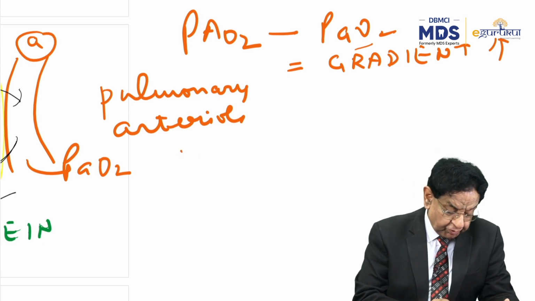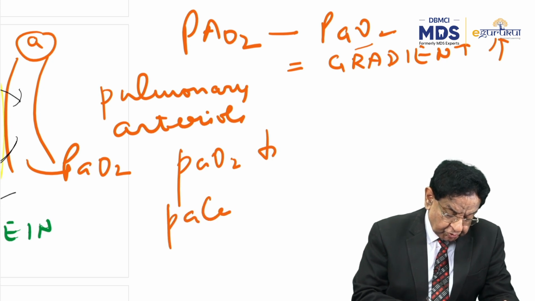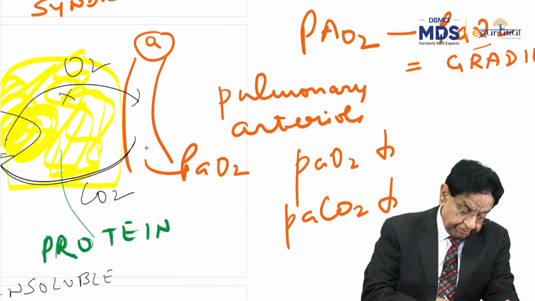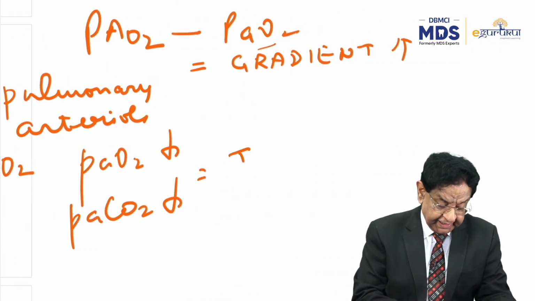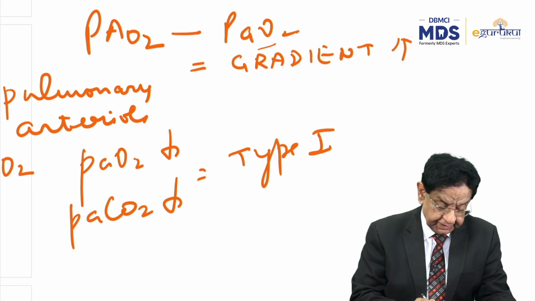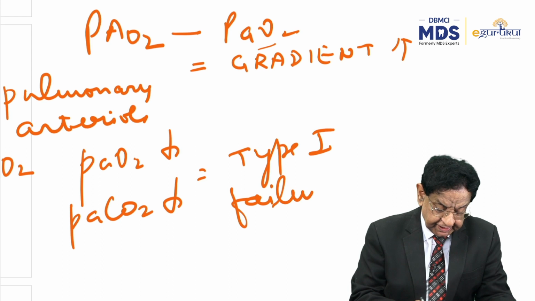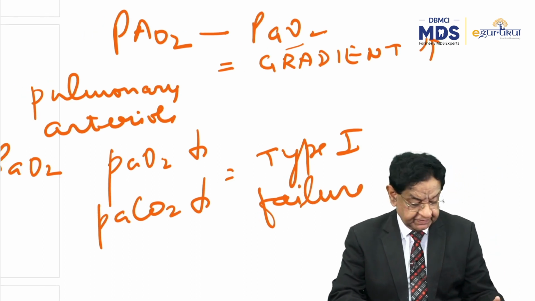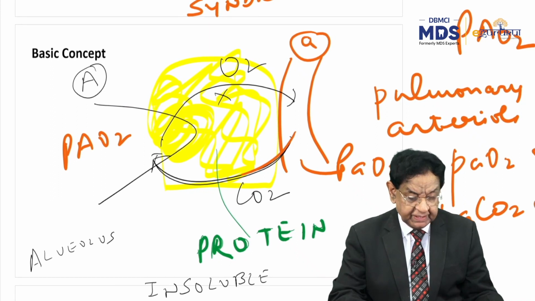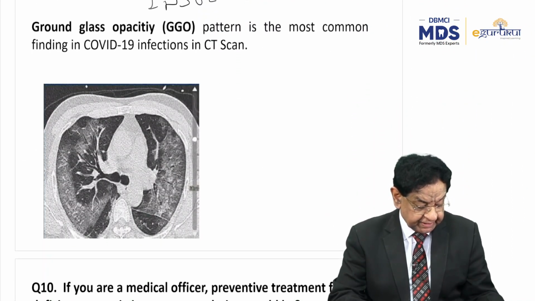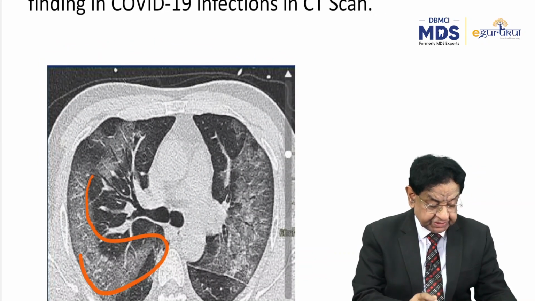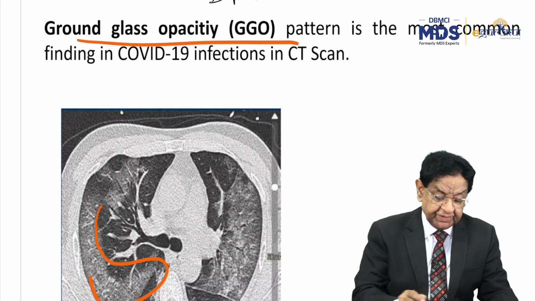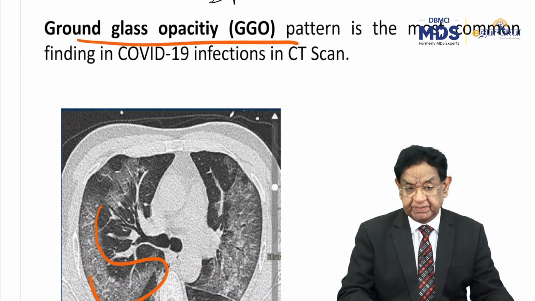And one more thing, PaO2 will go down, PaCO2 will also go down because CO2 can go out. So that is the reason why we have type 1 failure in ARDS. Okay. So now if you see the X-ray or CT scan, you get a ground glass appearance. Just see, lovely ground glass appearance is there. Ground glass opacity is the feature that we see in ARDS, maybe in CT, maybe chest X-ray.